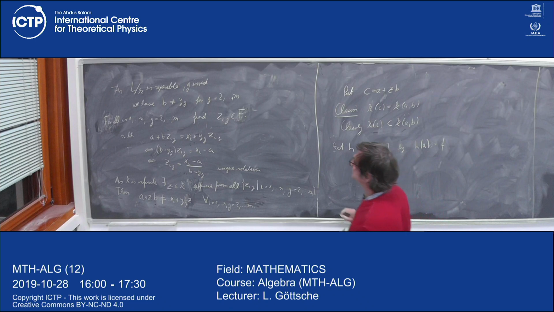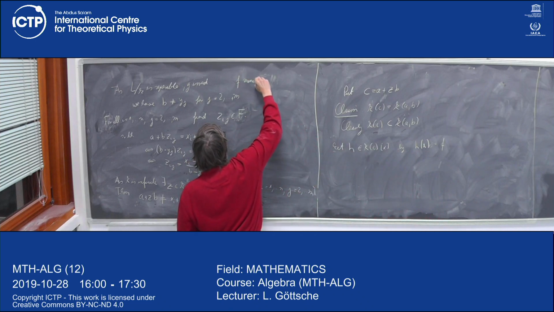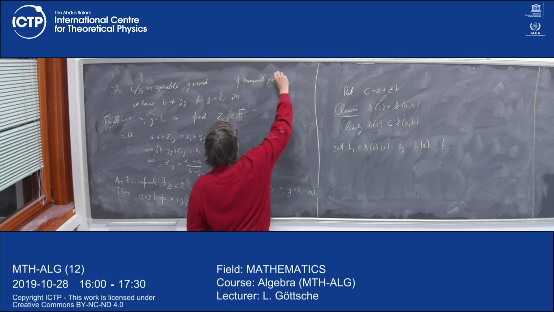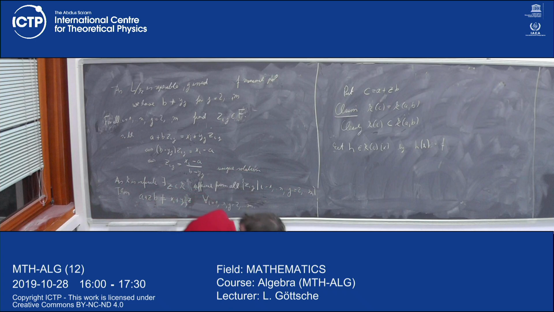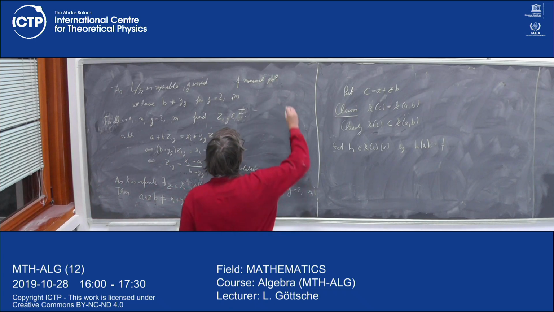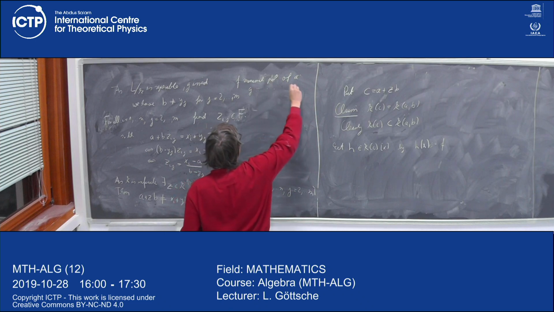Now, maybe you remember that f was the minimal polynomial of A, and g was the minimal polynomial of B.